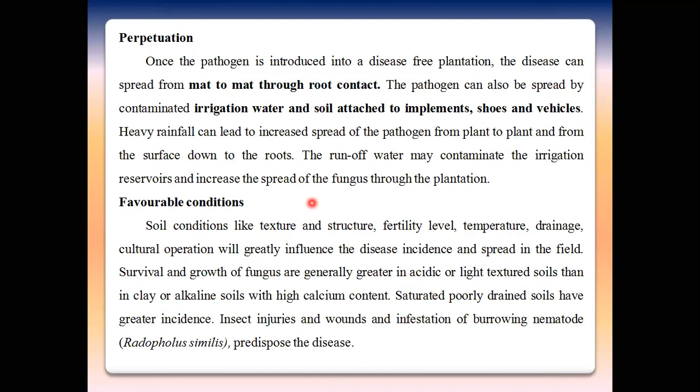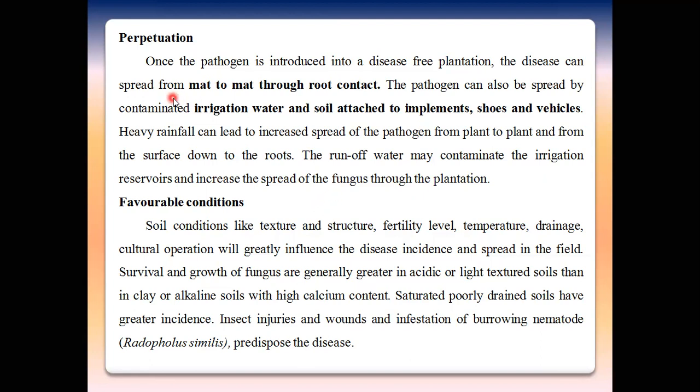Suppose infected seedlings are used for planting purposes, then 100% the disease is produced. Or healthy seedlings may be planted in infested plots having Fusarium, so the banana plants in this plot also suffer this disease.